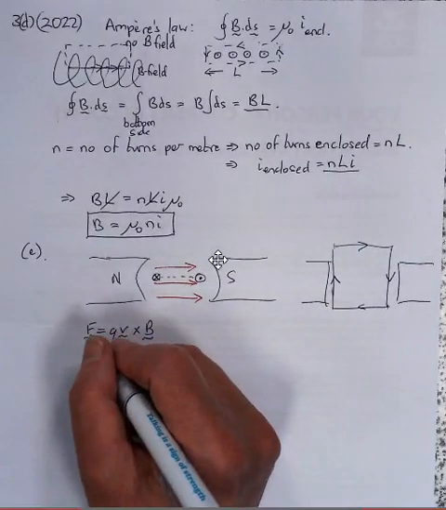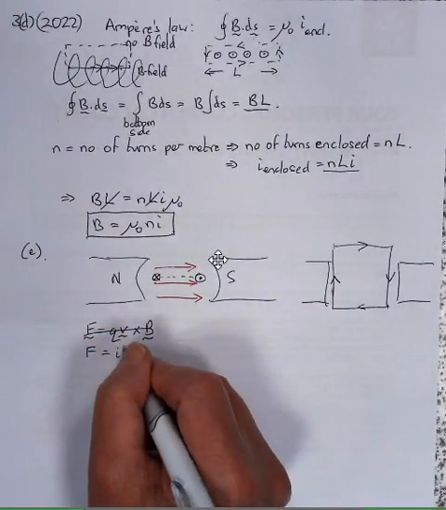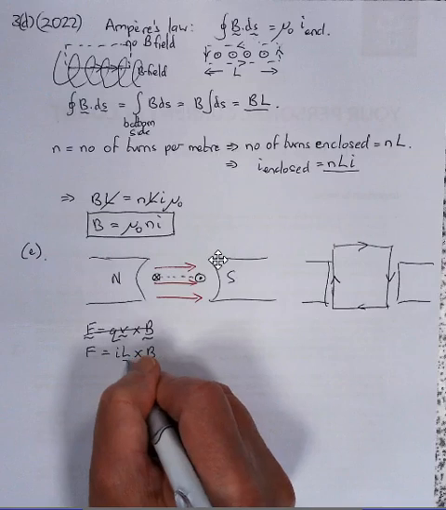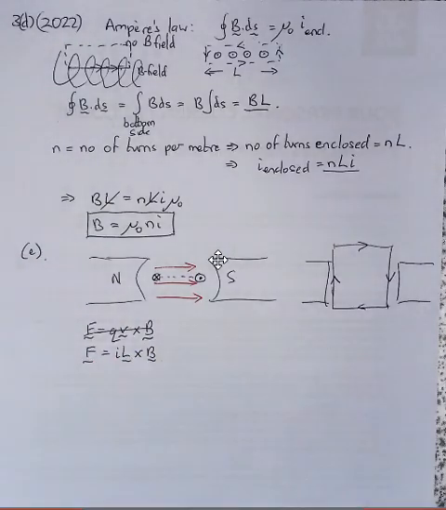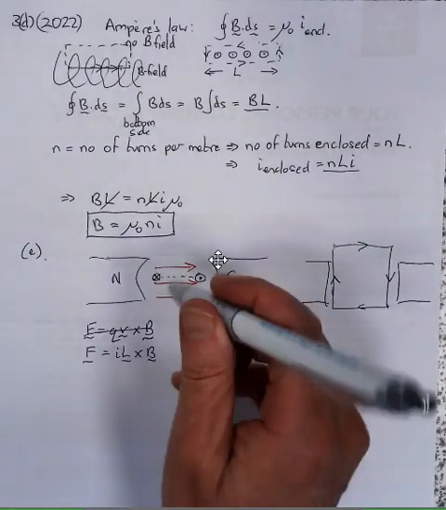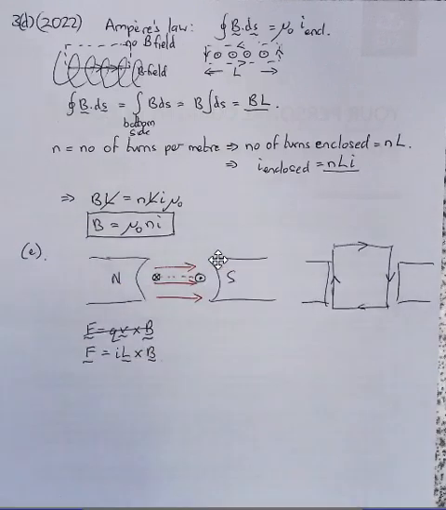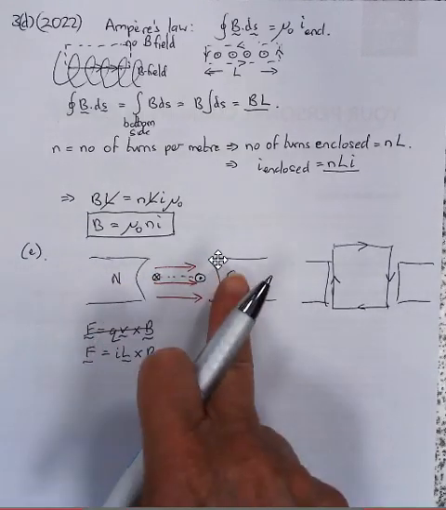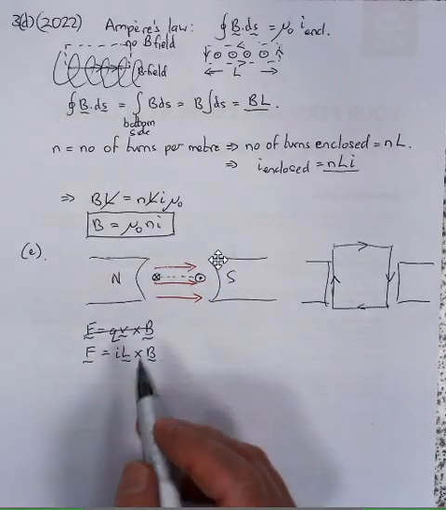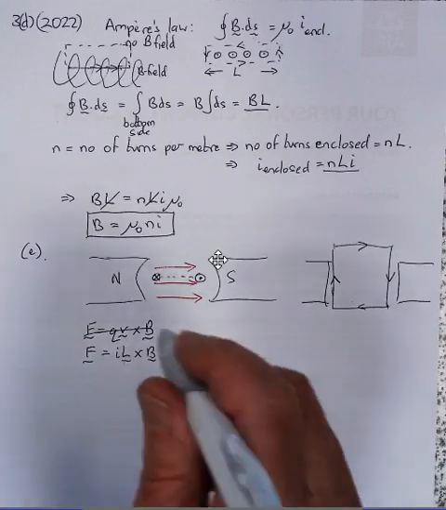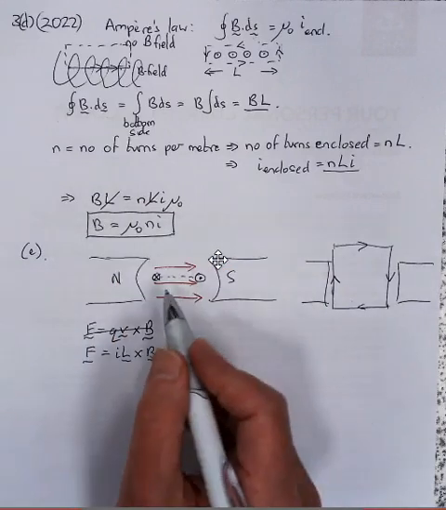It gives you the same thing, but F equals I L cross B. These are very similar equations. L is the direction in which the current is flowing. So for this side, it's going into the page. For this side, it's coming out of the page. L cross B, going into the page, crossed with going that way.